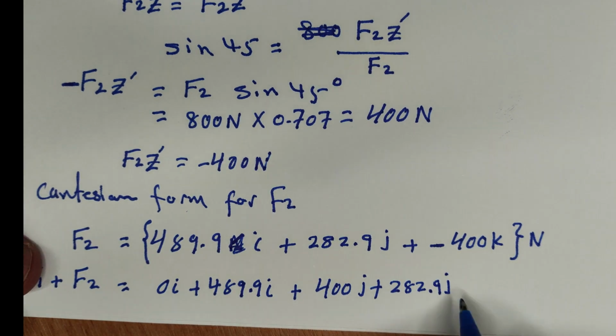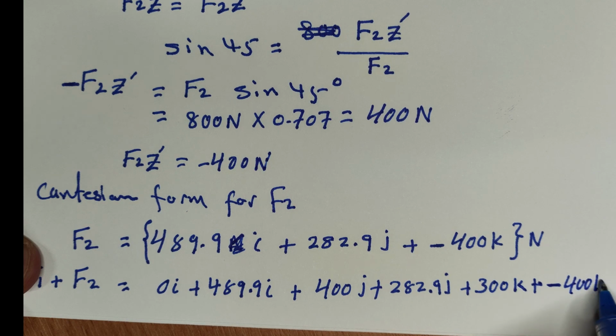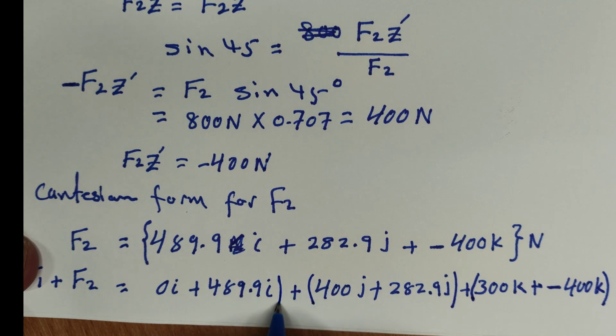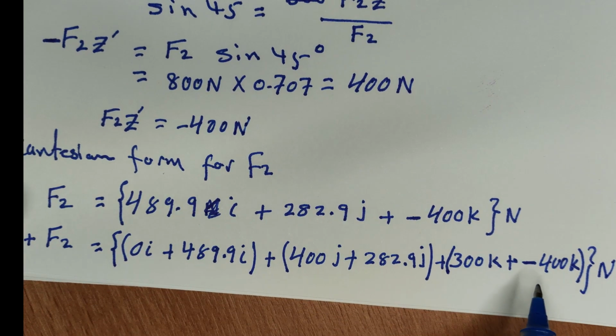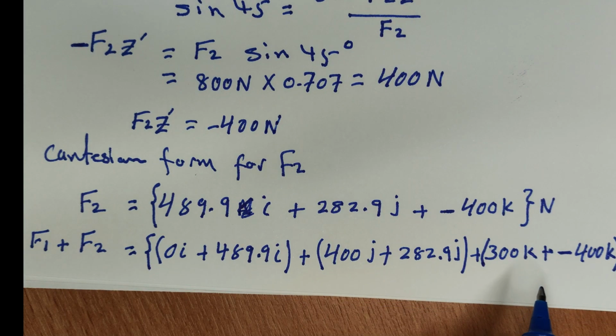The k component was plus 300k for F1, plus the minus 400k. So if you collect all like terms, this is how you express it in the Cartesian form. You can add this or simplify it further, one more step basically.